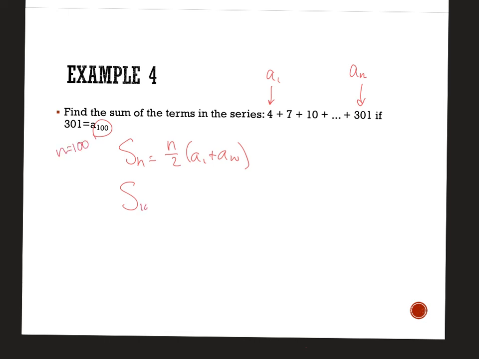So let's plug the numbers in. 100 over 2 is 50, times 304, and again, handy dandy calculator, is 15,250.